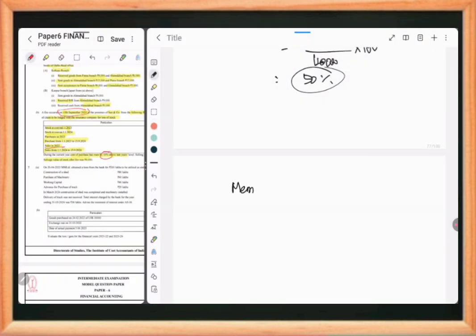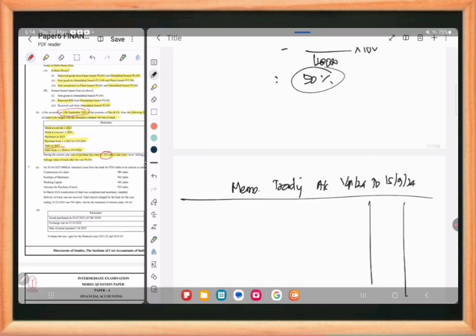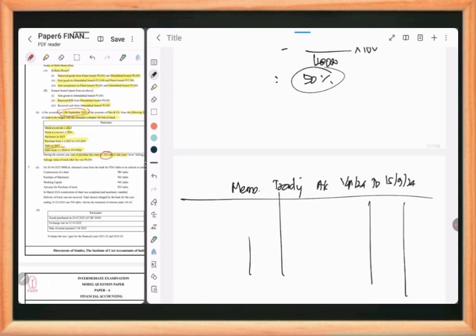So the memorandum trading account from 1/1/24 to 15/9/24, the date of fire, we have to find out. Here we prepare last year and current year columns.